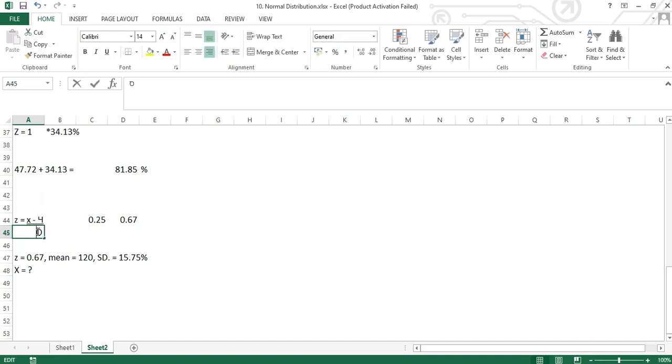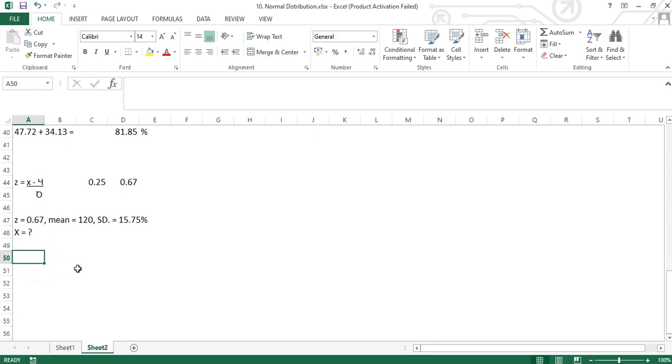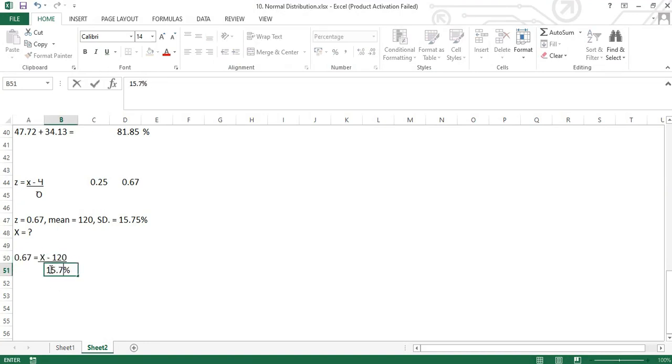Everything else we know the answer. So let's substitute these figures into the formula. So we know Z is 0.67 equals X minus 120 divided by 15.75. Don't put the percentage mark. They have given percentage, I know, but we don't put it here.